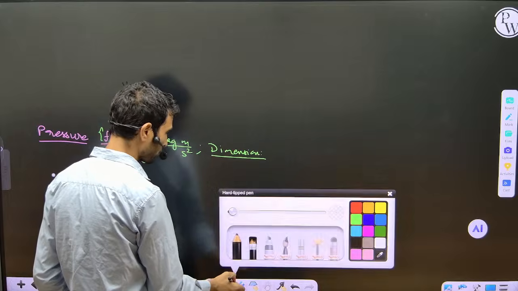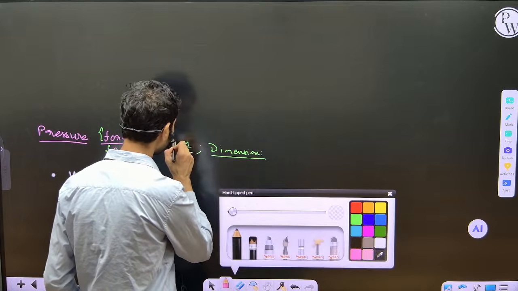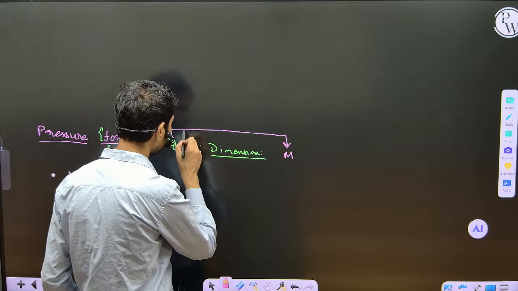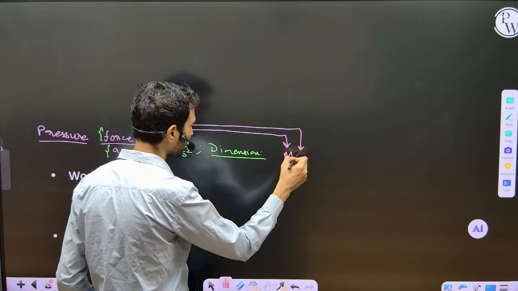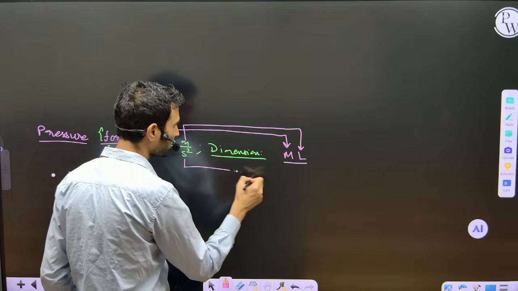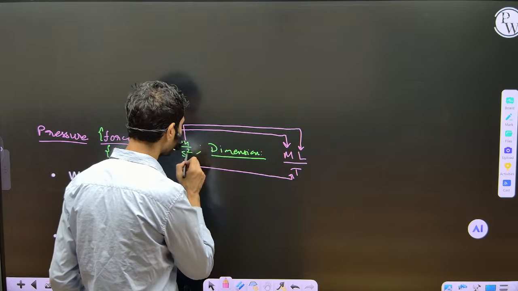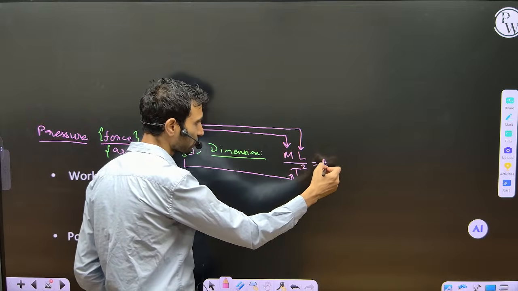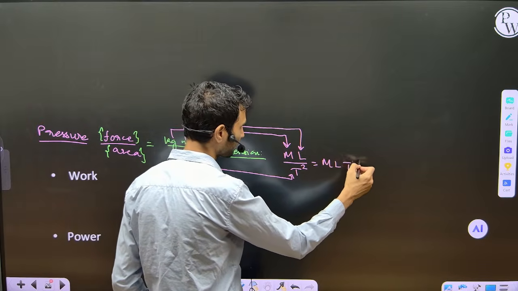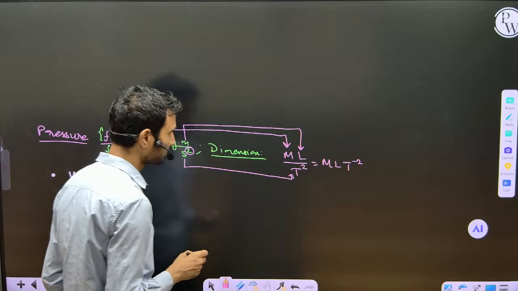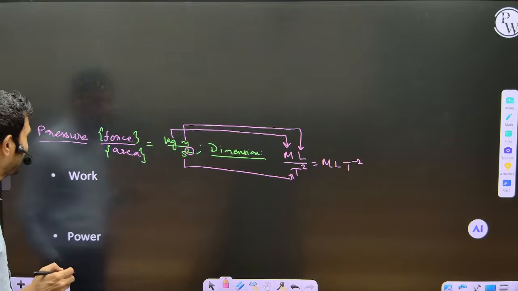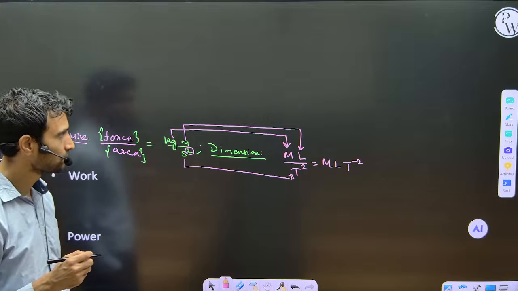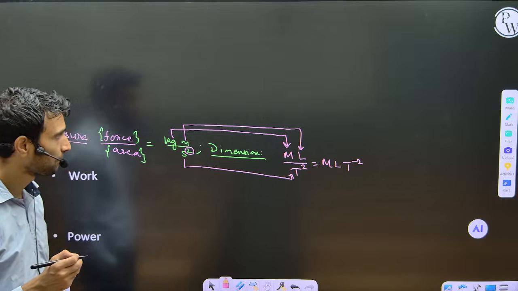So dimension, as you can see, will be kg means mass, so M, meter means length, s means time, and you have square of it. So that translates to MLT minus 2. Right?